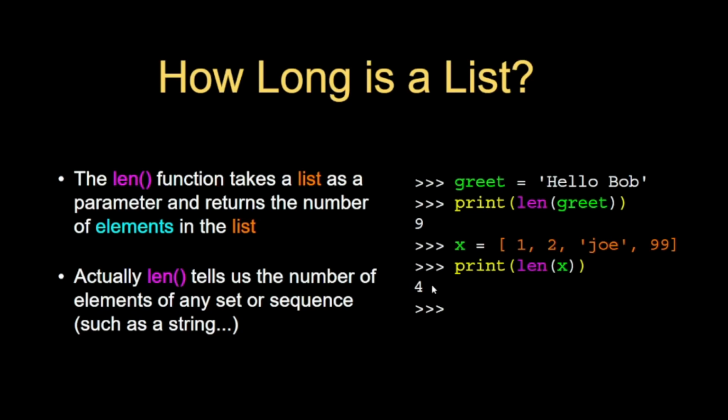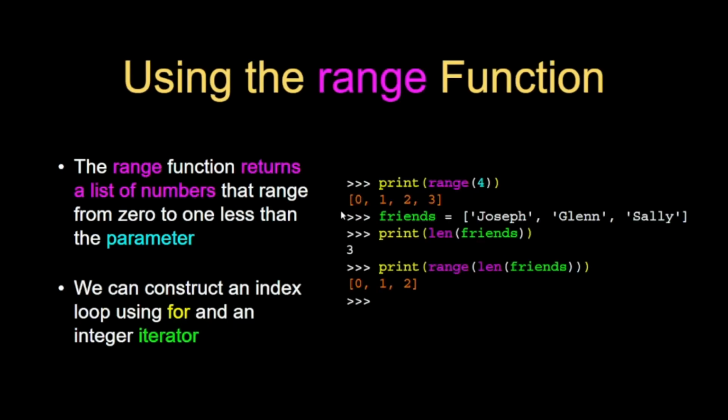Now, moving on to the next slide, here we have the range function. What is the range function in Python? The range function returns a list of numbers that range from 0 to 1 less than the parameter. With the help of the range function, we can return a contiguous sequence of numbers starting from 0.